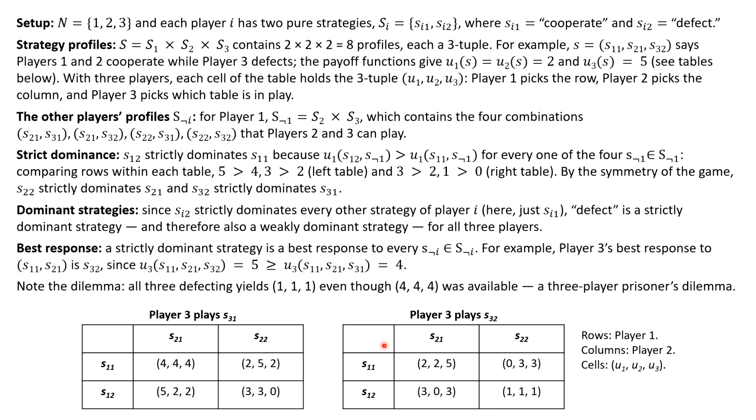So between these 2 matrices, we have all the profiles shown here. And then the payoffs are listed here. Now you need a 3-tuple, so just take this one here. If player 3 cooperates, because it's a 1, player 1 cooperates, and player 2 cooperates, then they each have a payoff of 4 based on this model here.